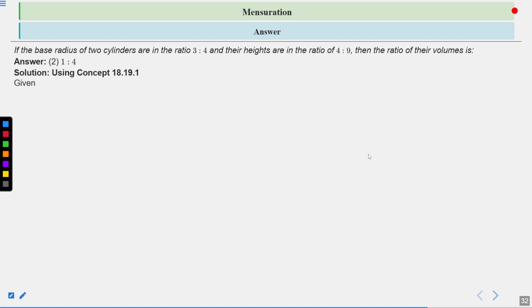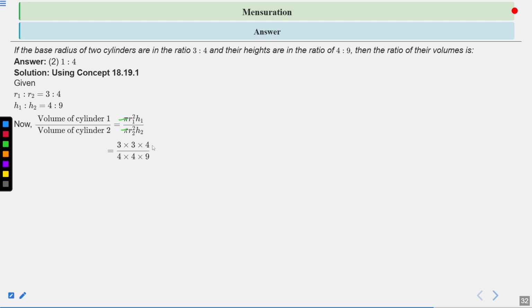Given that R1 to R2 is 3:4, and H1 to H2 is 4:9. So the volume of cylinder 1 upon volume of cylinder 2 becomes pi R1 square into H1 upon pi R2 square into H2. Pi will be cancelled out, so it becomes R1 square into H1 upon R2 square into H2.